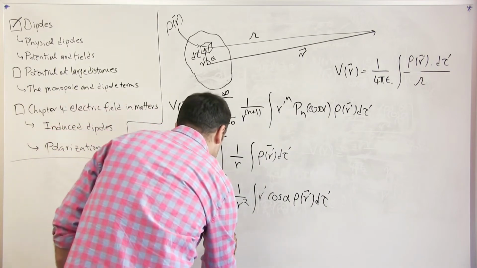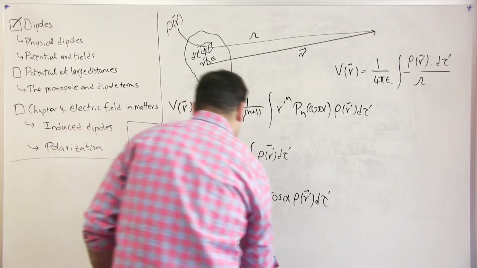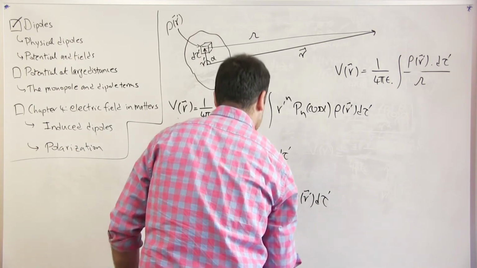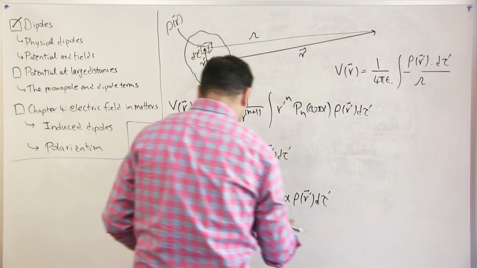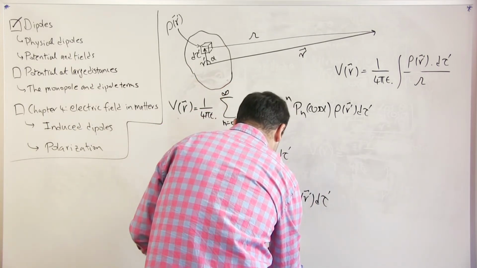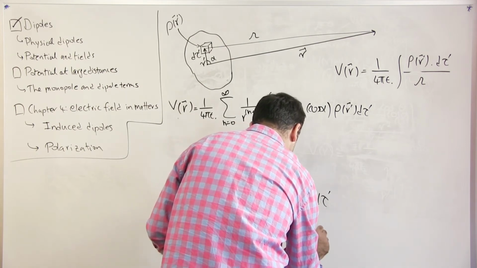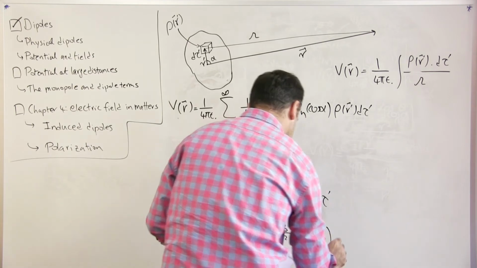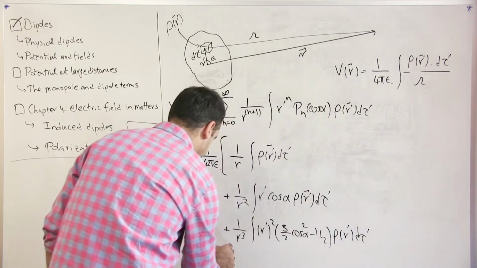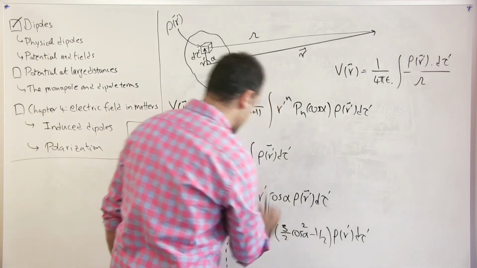Plus 1 over r cubed times the integral of r prime squared, P2 of cosine alpha, which is 3/2 cosine squared alpha minus 1/2, times rho r prime d tau prime. And then, of course, we get higher terms as well. I'm not going to calculate anything more than this.